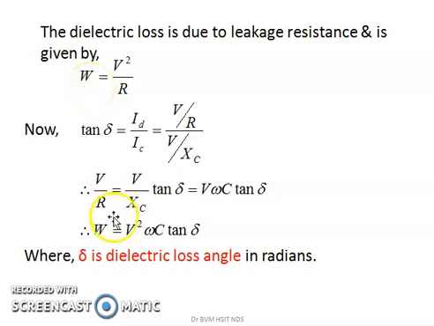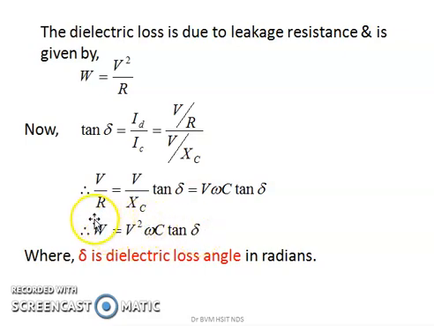If you multiply this by V, then W is equal to V squared omega C tan delta.